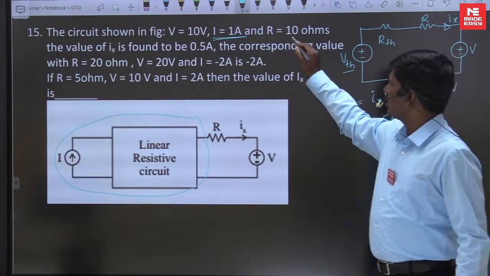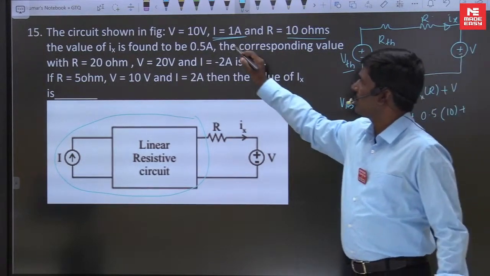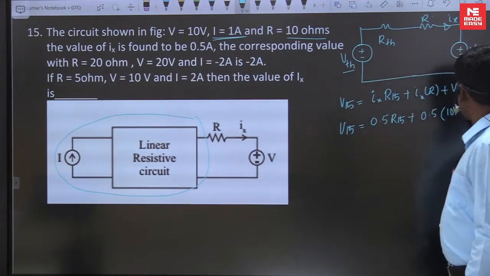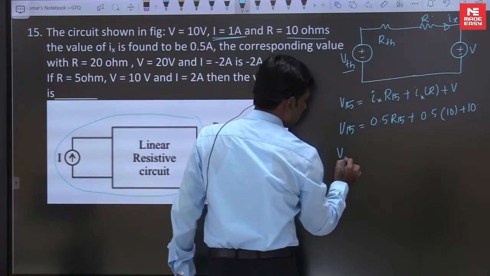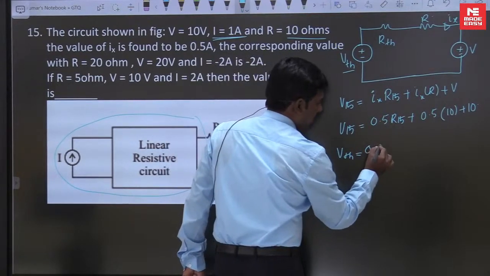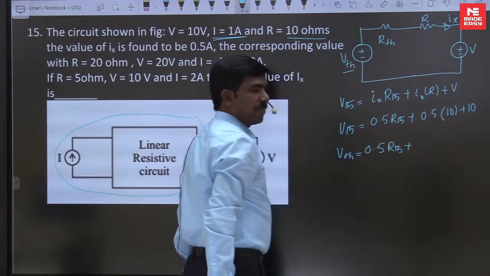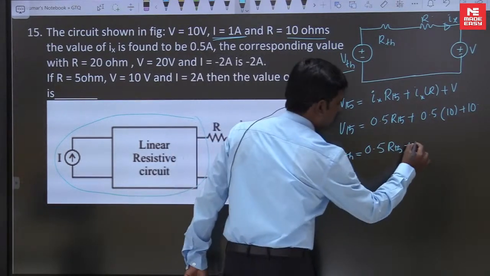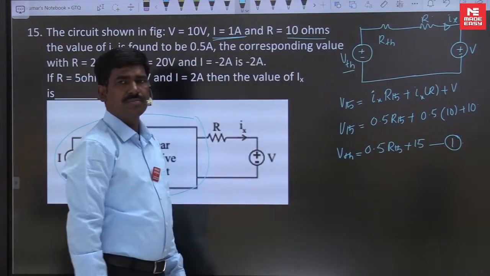R is equal to how much? 10 ohms. Plus V is equal to how much? 10 volts. So we get VTH is equal to 0.5 RTH plus 15, since 5 plus 10 is 15. Equation 1 is obtained from the first information.